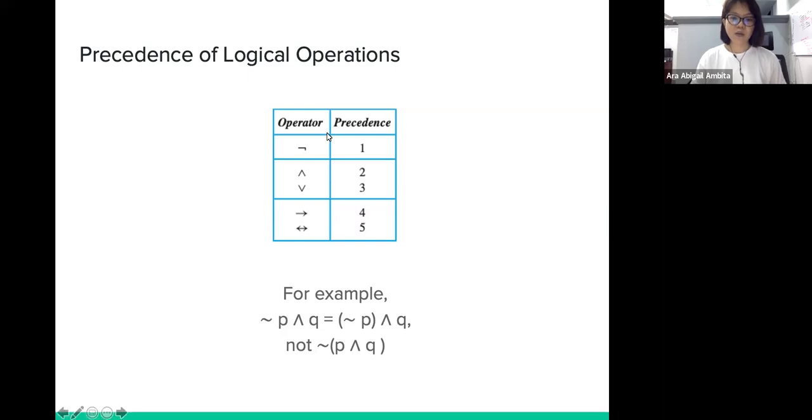As I said, the negation has the highest precedence. So this is negation, or you can also use this symbol instead.